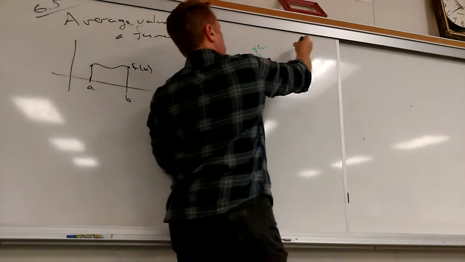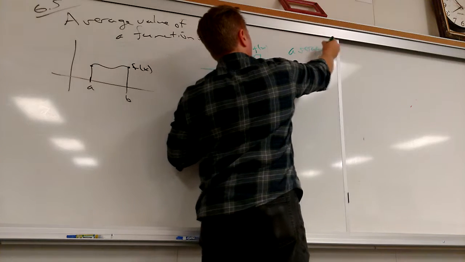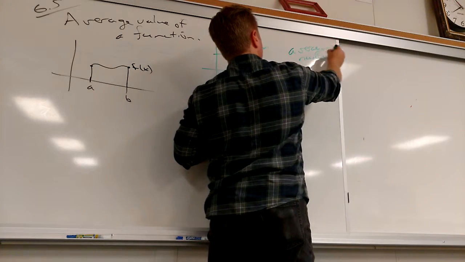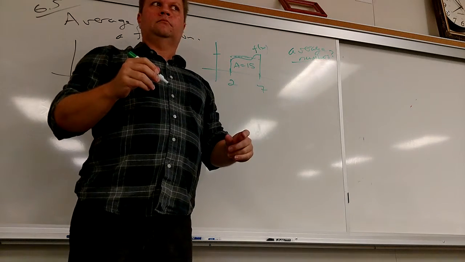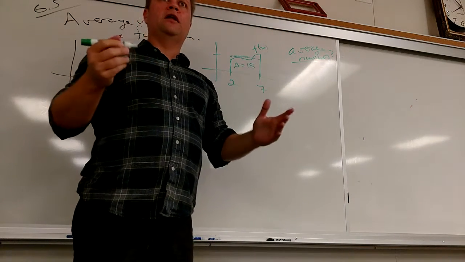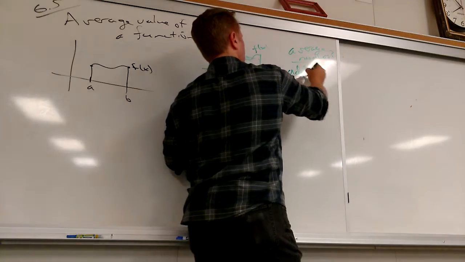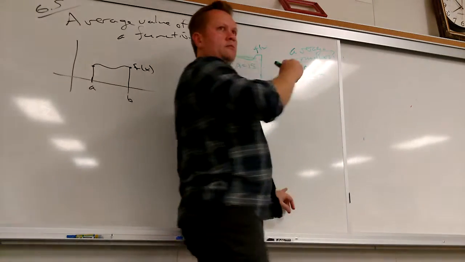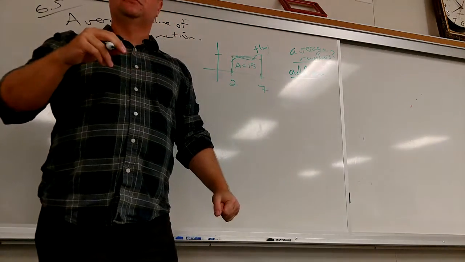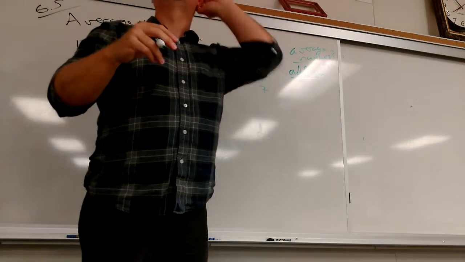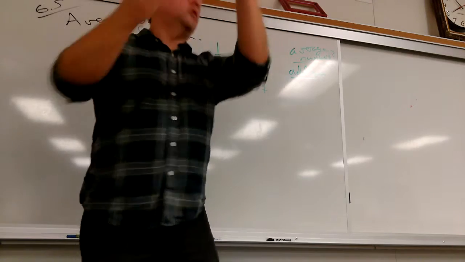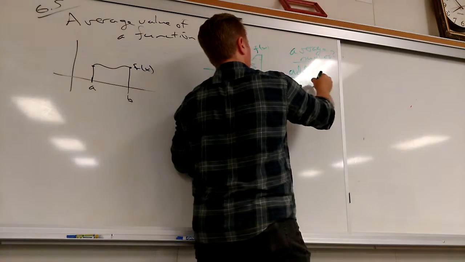How do you average a bunch of numbers anyway? What do you do to average numbers? Add them all up, divided by N, the total number.